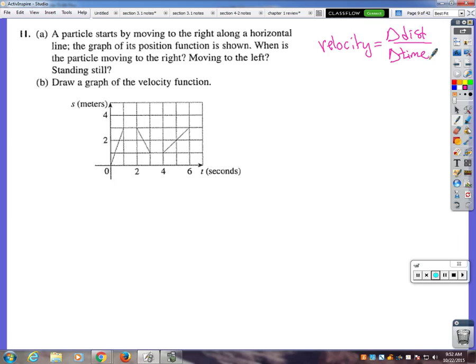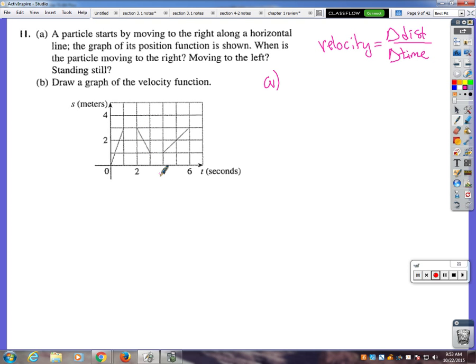So the particle is moving to the right when the velocity is positive. It's going to the left when the velocity is negative, and standing still when the velocity is 0. When the slope of this graph is positive, the particle is moving to the right. When the slope is negative, it's moving to the left.